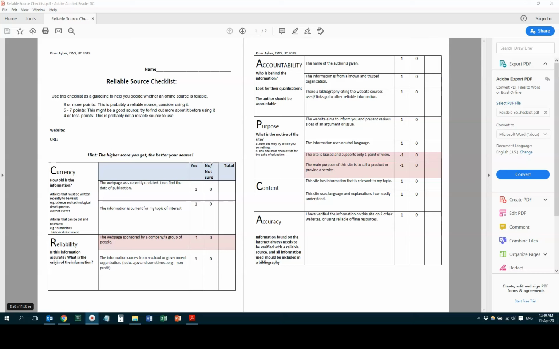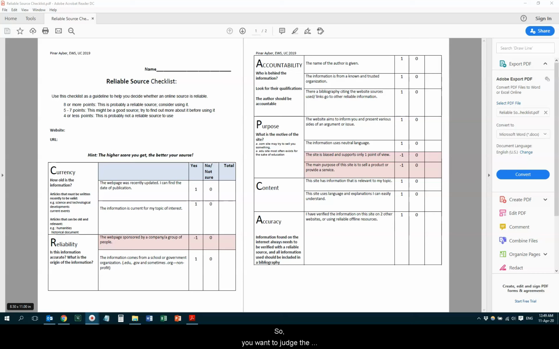So that would make the source accurate. But if you can't find the information repeated or supported on at least 1 or 2 more sources, then there's a possibility that it's not accurate.